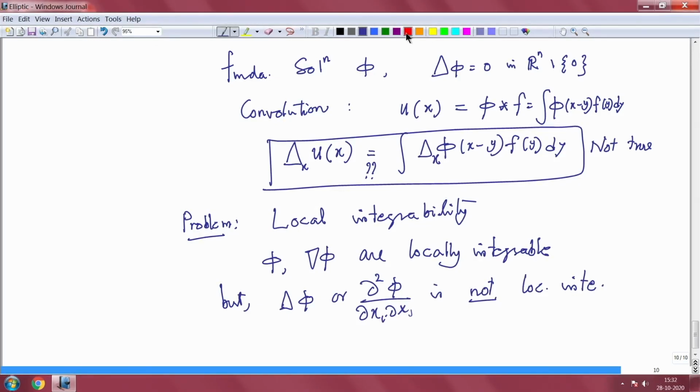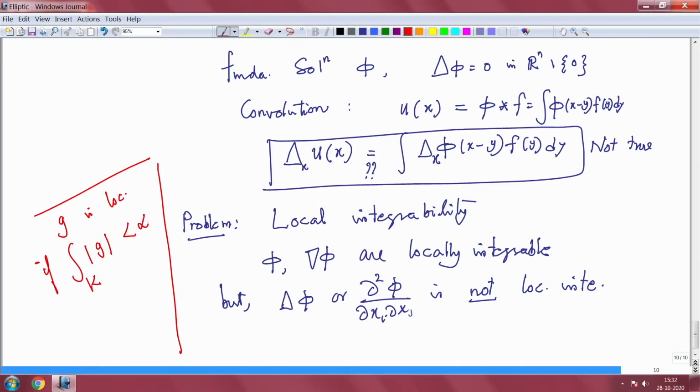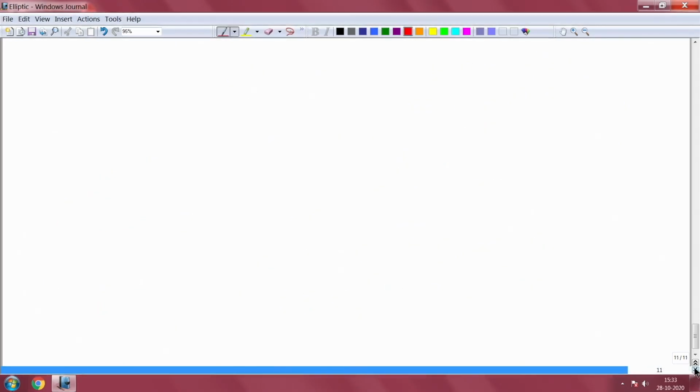So, what is the meaning of local integrability? All of you know it, but let me say: g is locally integrable if the integral of mod g is finite for all compact K. Okay. So, I want to discuss something interesting now.